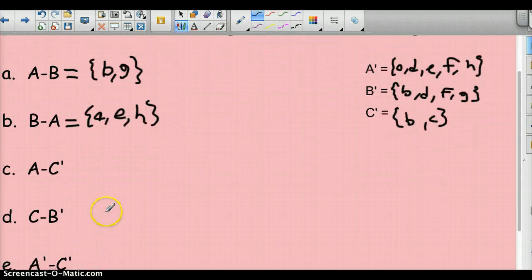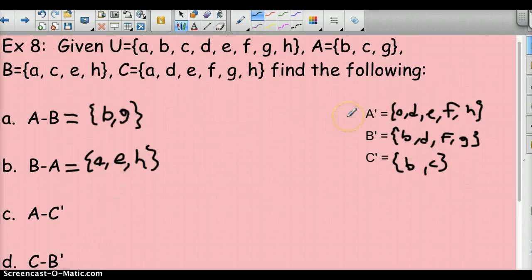Moving down to A minus C prime. Well, we've got A, it's B, C, and G. C prime is B and C. So what's in A that's not in C prime? I just see one of them, just G. Moving on, we're going to do C minus B prime. C minus B prime is those that are in C and not in B prime.